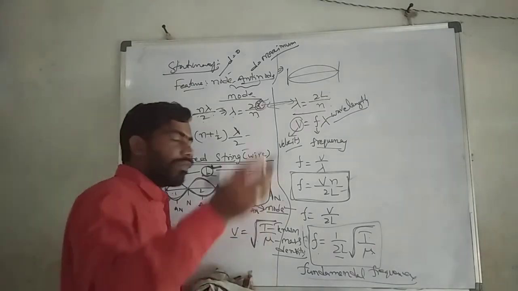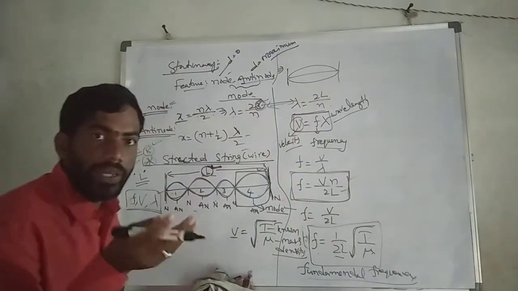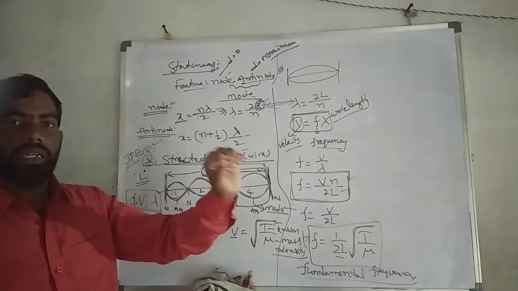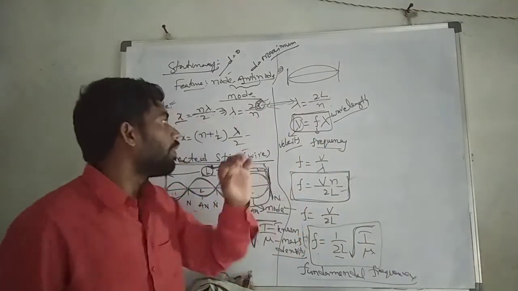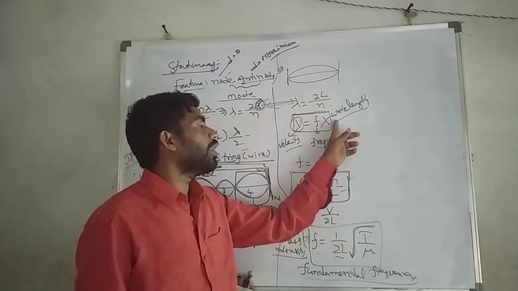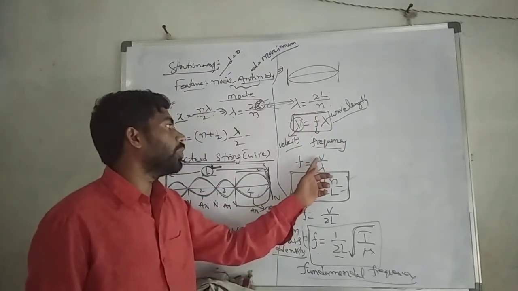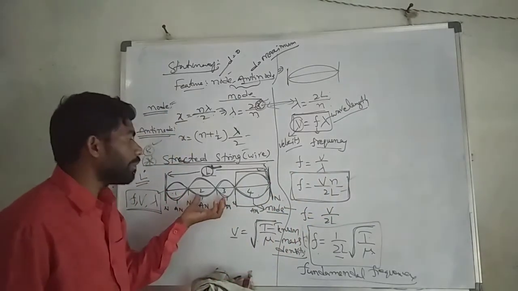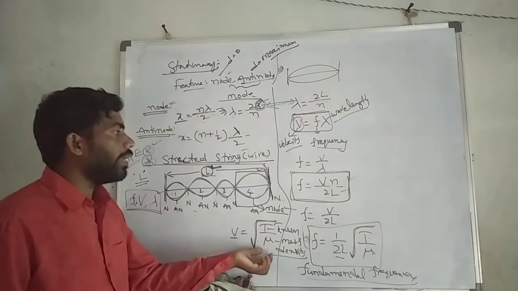But in the previous class you learned a fundamental formula: velocity v equals frequency times wavelength, so frequency equals v by lambda. In the case of a string, the speed of the transverse wave is v equals root of T by mu.